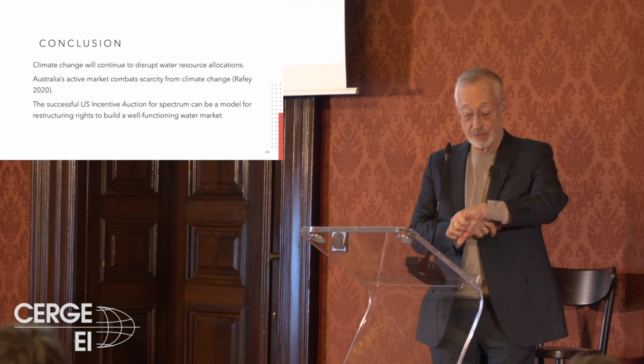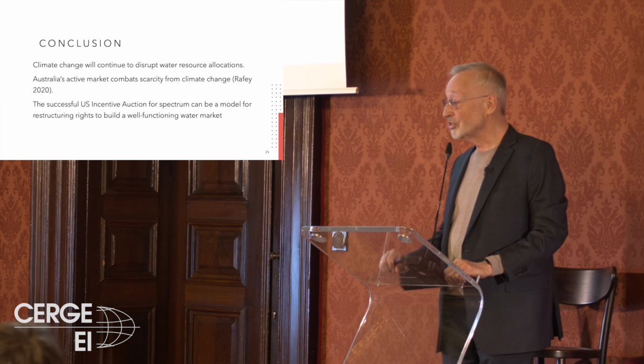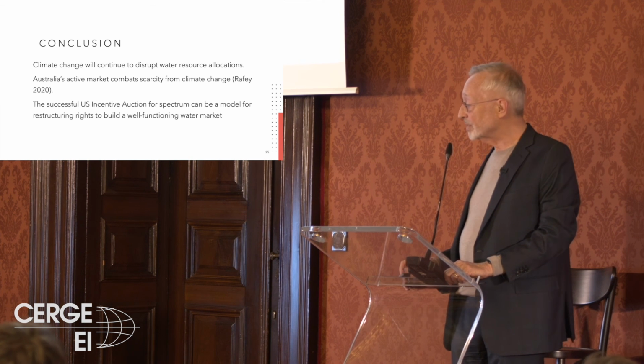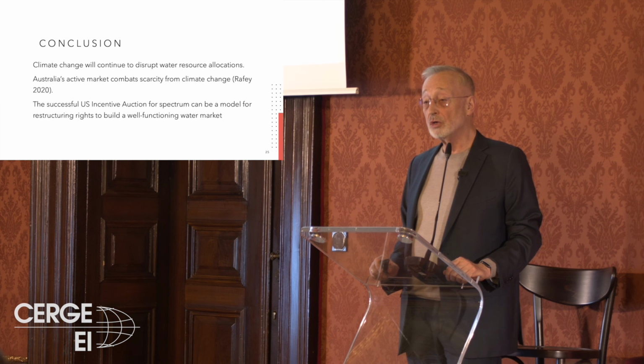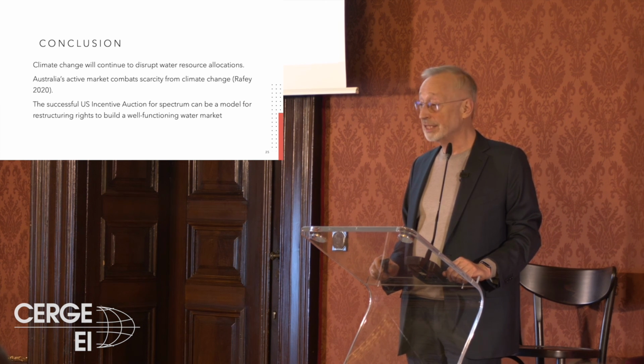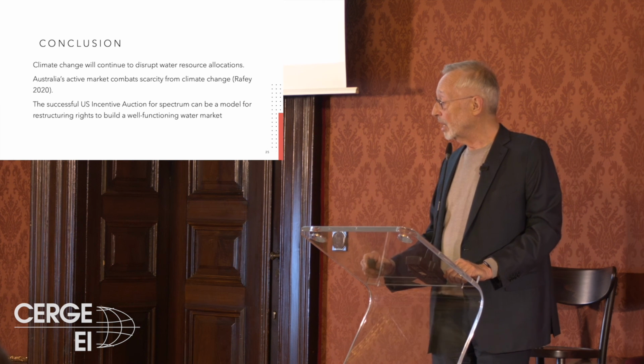I didn't put in more about the radio spectrum. The idea is climate change is going to continue to disrupt water allocations. That's going to happen around the world. We do want to enable water markets, and at least in the jurisdictions I've studied, that's been a problem.